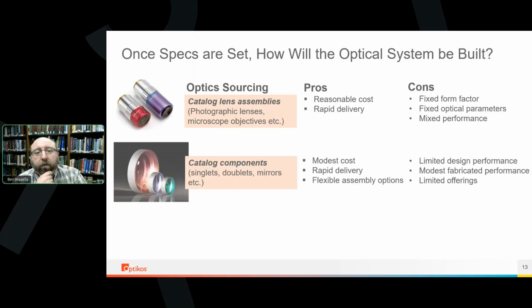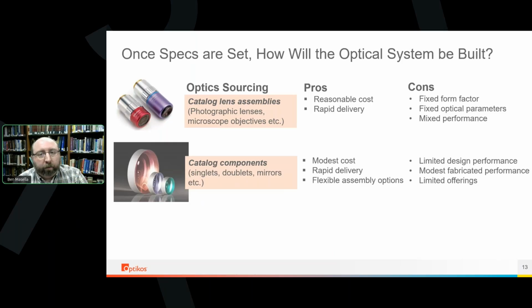Another option is to look at catalog components and build up a system out of individual lenses or mirrors, singlets, doublets, triplets that are available via catalog. This tends to be a more modest cost and more rapid delivery, again, similar to the catalog assemblies.